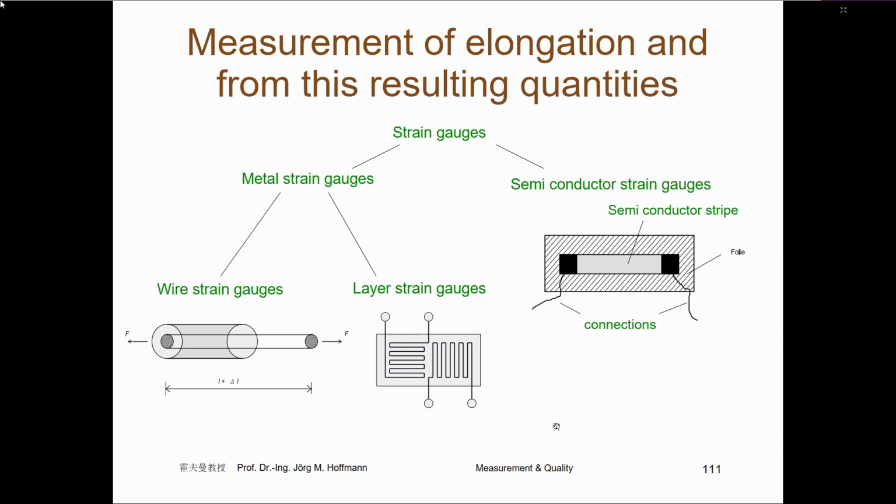And therefore, most strain gauges that we use today are still metal strain gauges, because with metal strain gauges, we can produce strain gauges which all have the same temperature coefficient. That is not possible with semiconductor strain gauges.